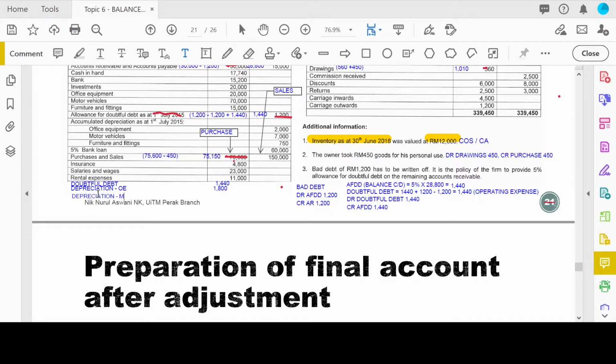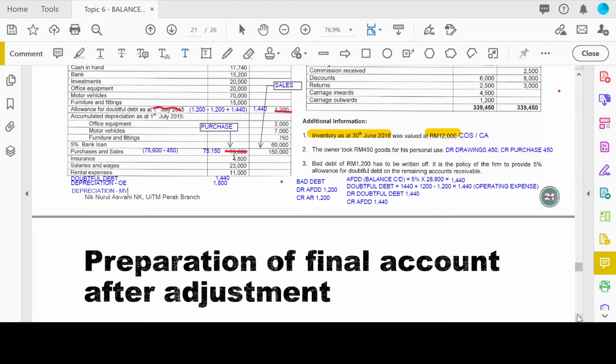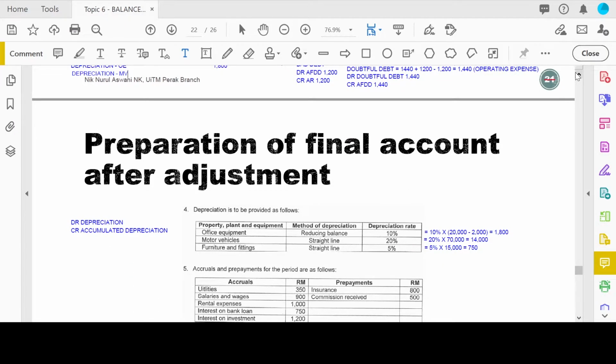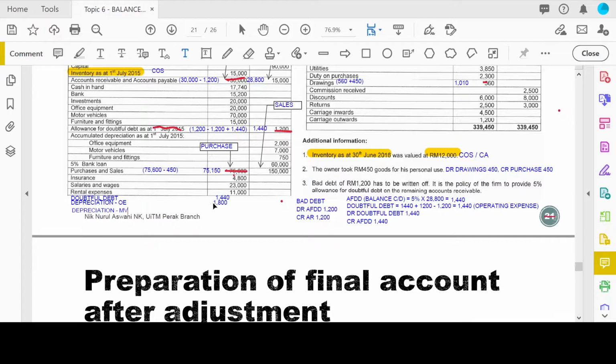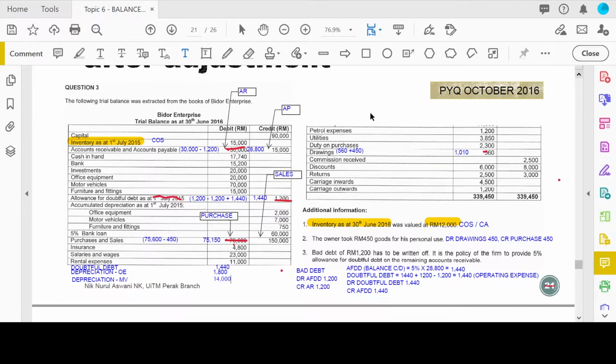Depreciation motor vehicle, of how much? 14,000. And then depreciation furniture and fitting, of 750.